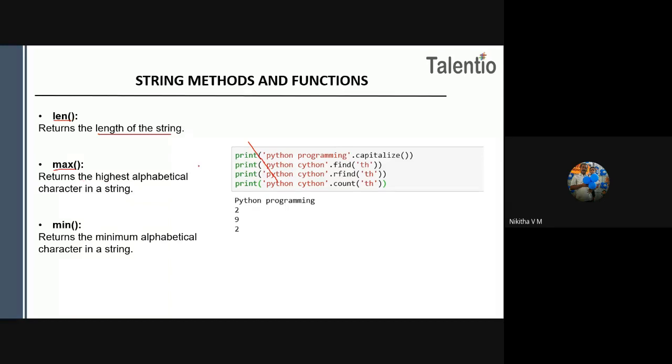So suppose I am taking ABC, out of ABC which is having the highest ASCII value? C, obviously. So C will be returned or C will be printed. And min returns the minimum alphabetical character in the string. Same thing. If I'm taking ABC, min of ABC, A is having the smallest ASCII value. Yes, you will get A. Alright?